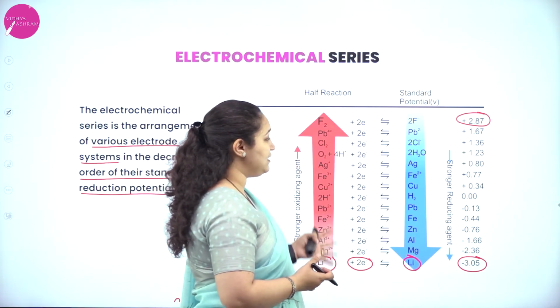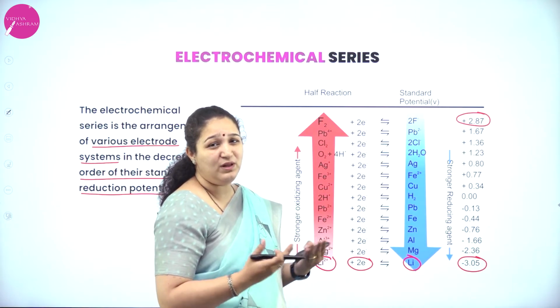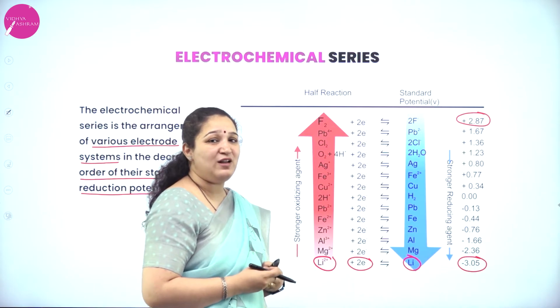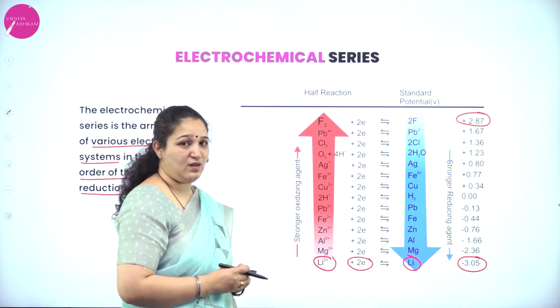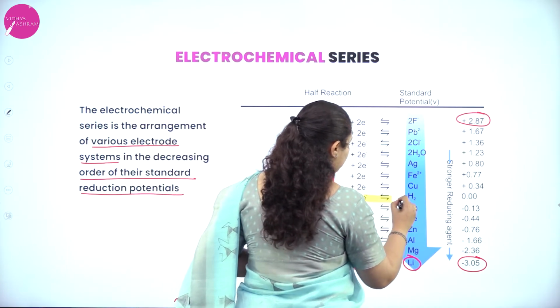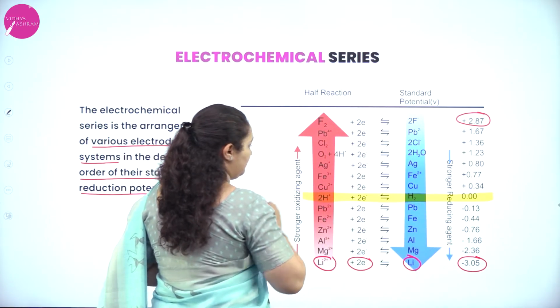So that is how it is there. Now again you might ask me, ma'am, do I need to know the entire table? Not necessary for your board exams, but some of the values you need to remember when it comes to competitive exams. One more thing you can observe here is that hydrogen is there in between here.